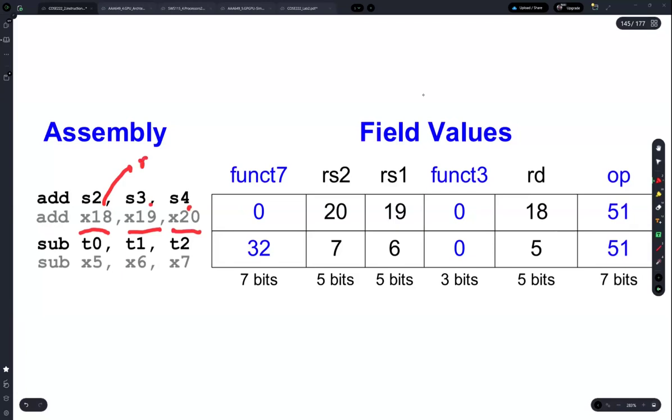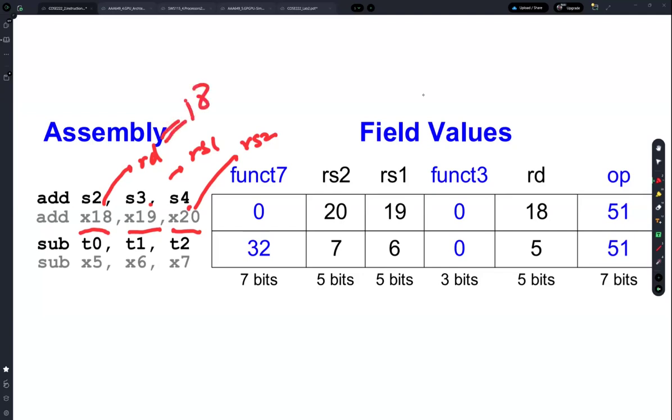This is the RD, this is the RS1, this is RS2. It means the destination register number is 18, this is 19, this is 20. So we can just fill 18, 19, 20 in the RD field, RS1 field, and RS2 field.